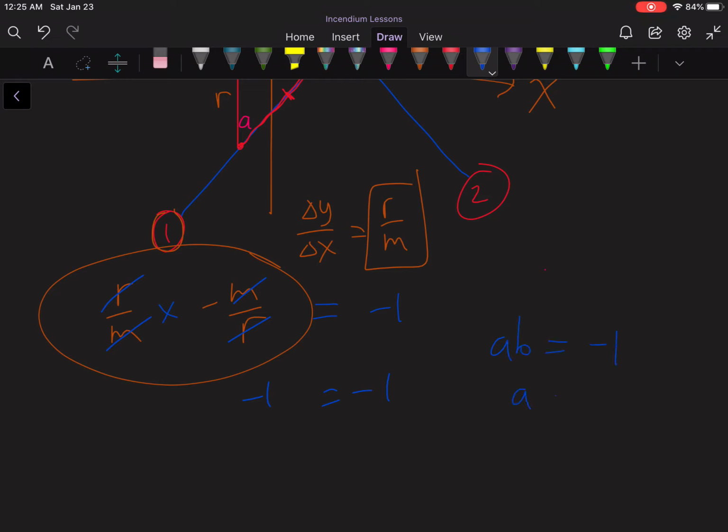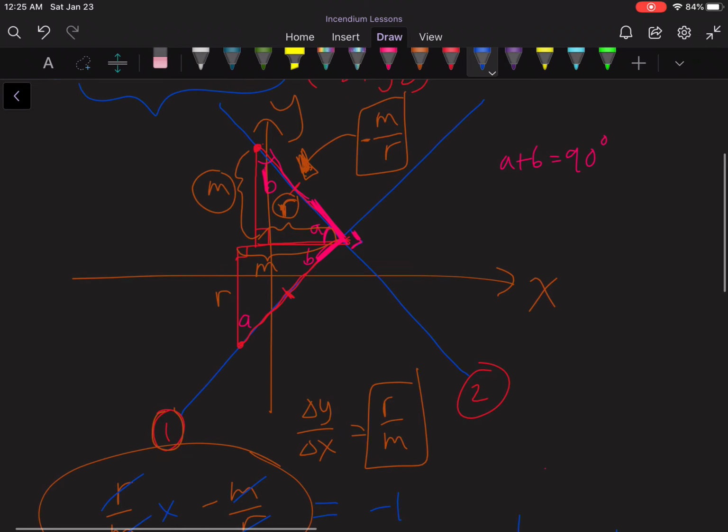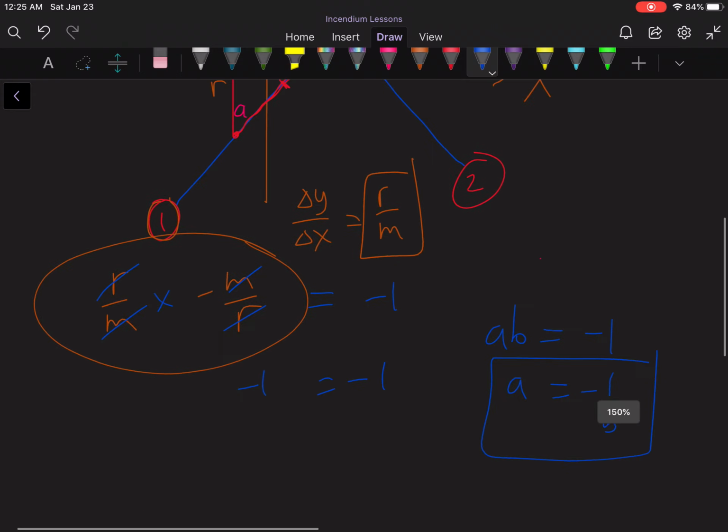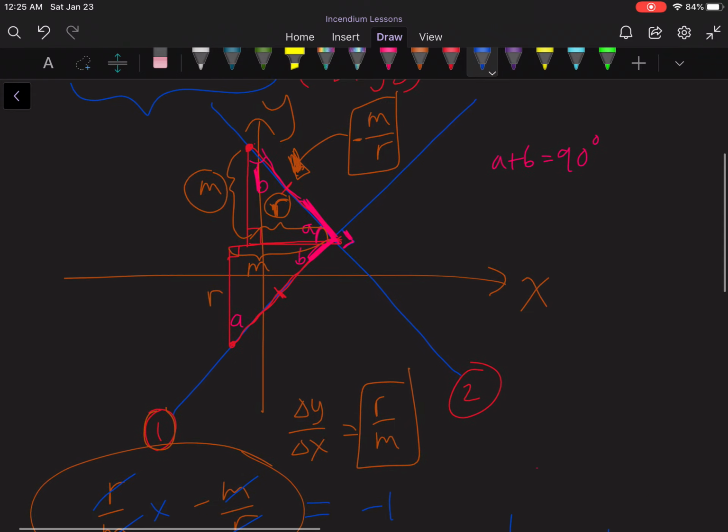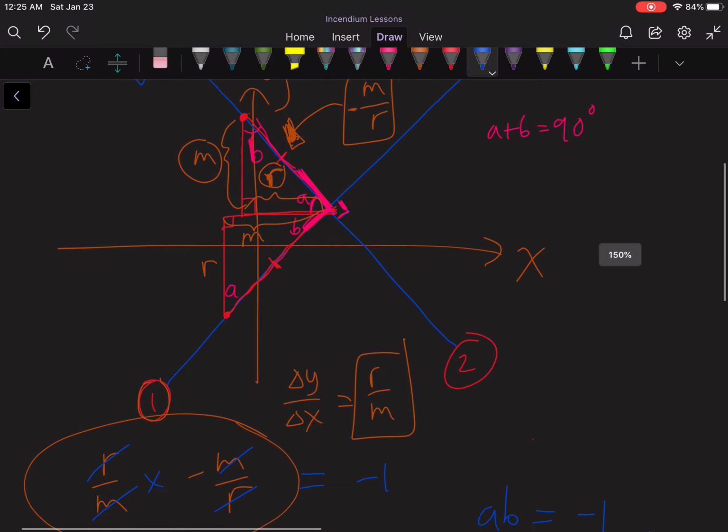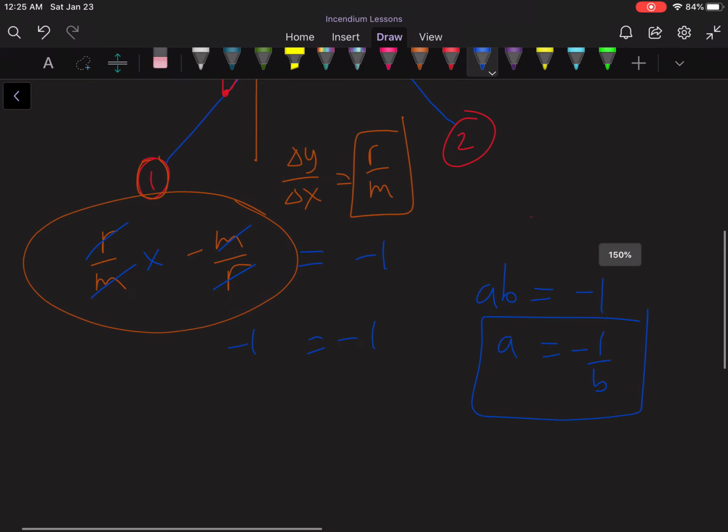Or in other words, a equals negative 1 over b. Okay, so this is a very neat result, and as you'll see, it'll come in use when we solve some of our practice problems. Just keep in mind, simple rule: perpendicular lines have negative reciprocal slopes.